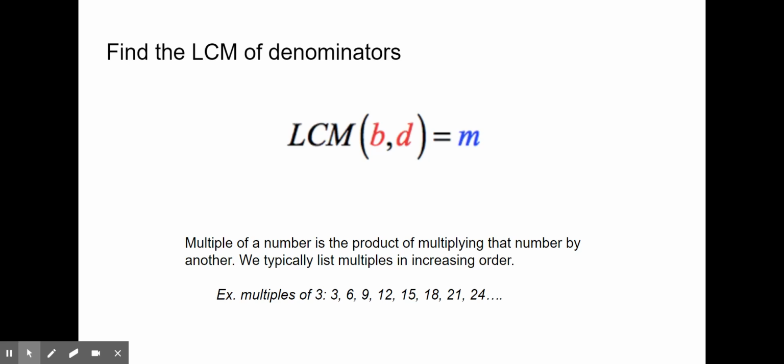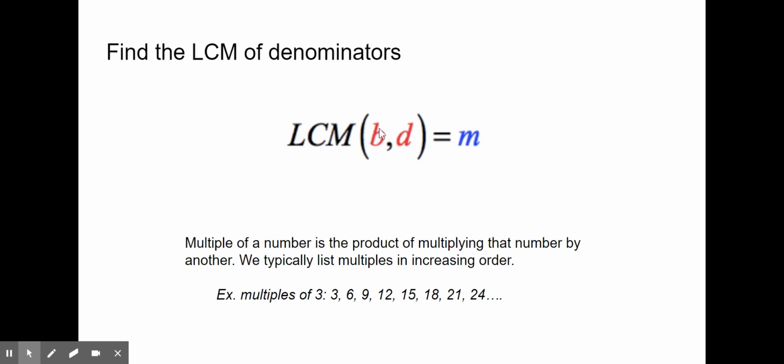So we have to go back and revisit something called least common multiples. The least common multiple of a number is the product of multiplying that number by another. Typically, when we're looking for least common multiples, we list the multiples in increasing order. So 3, 6, 9, 12, 15, 18, 21, 24.